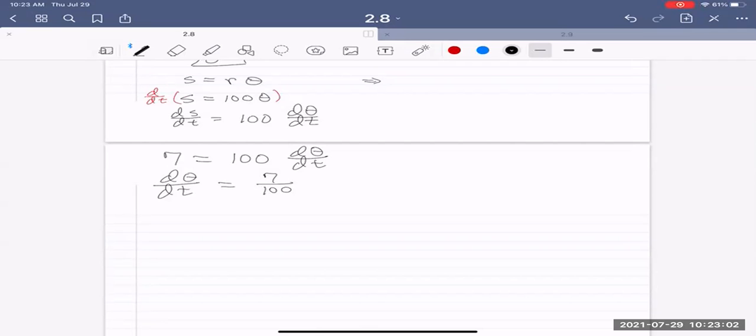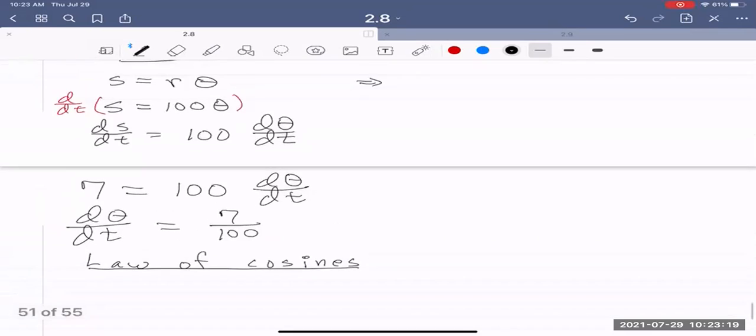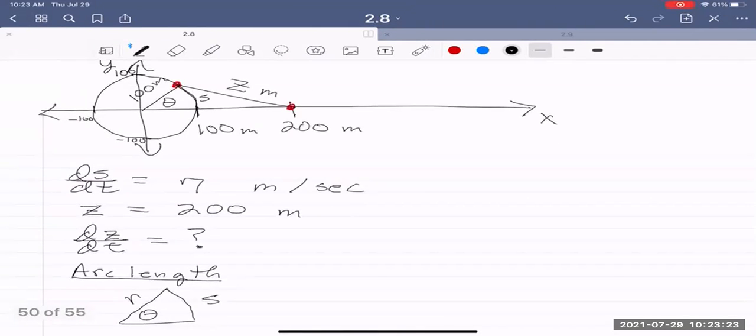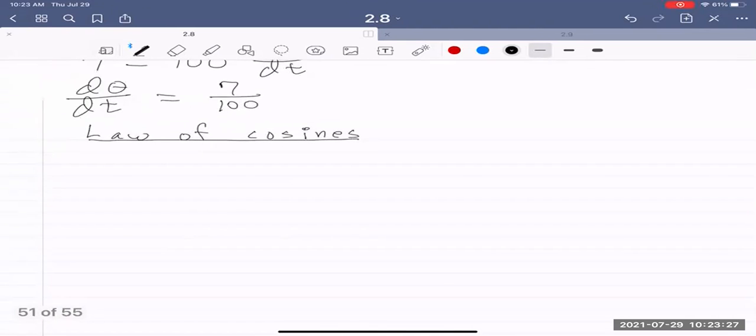Next, let's use yet again the law of cosines. I think I put it in terms of a's before.